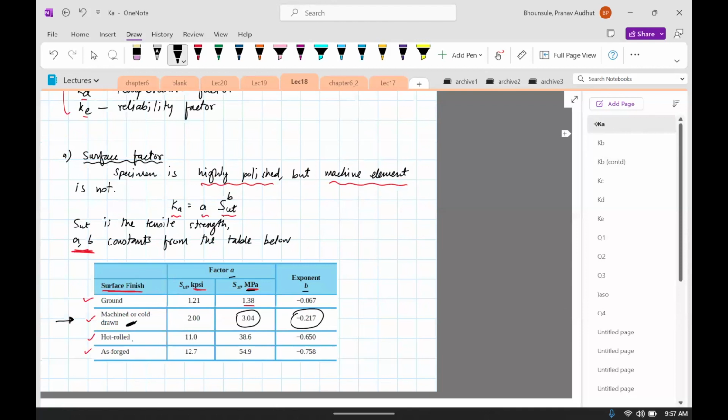So we go back here, look at the factor for kPsi. It seems like it is hot rolled kPsi. The factor A is here. We don't look at the MPa factor and look at B, which is here, minus 0.65. So 11 and minus 0.65. And the formula is here. So that's Ka. Let's compute Ka.